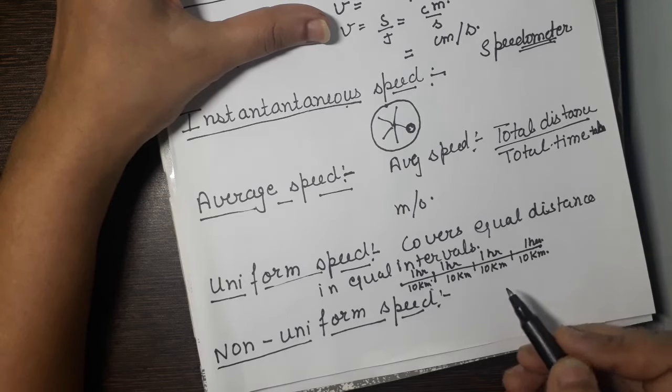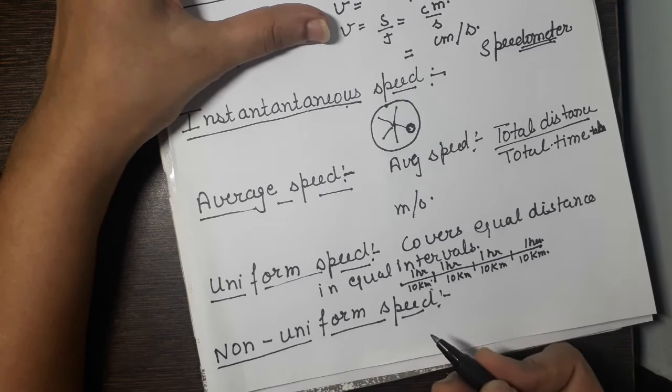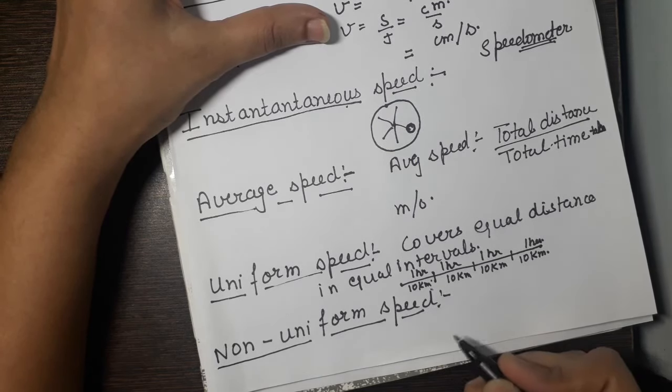Now non-uniform speed is totally opposite to uniform speed. Here the body covers unequal distance in each given time interval.